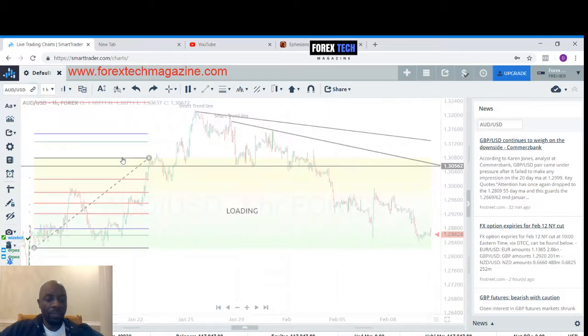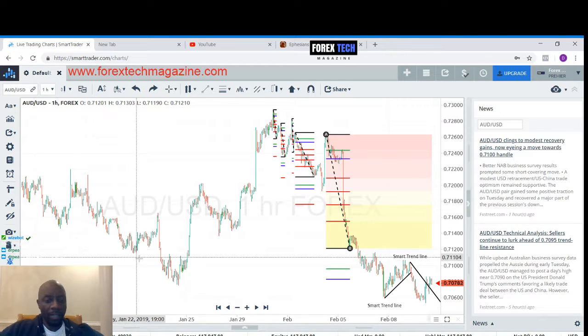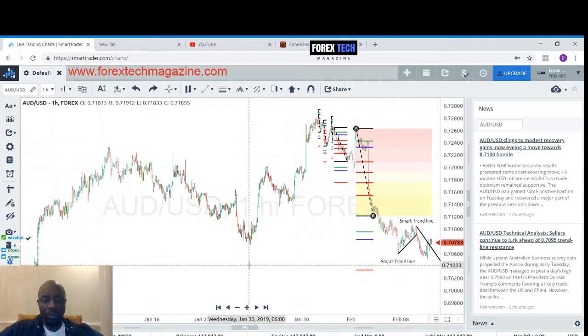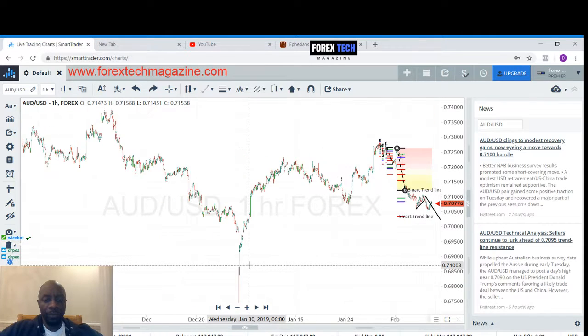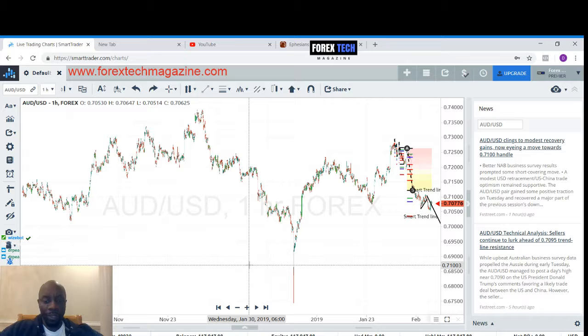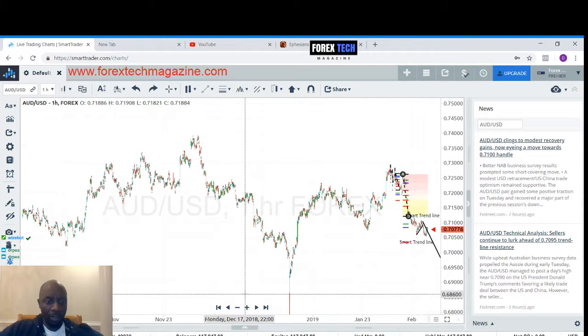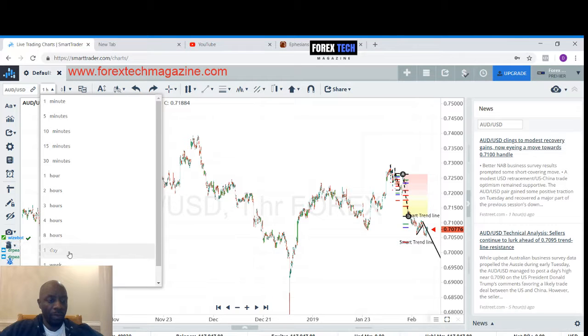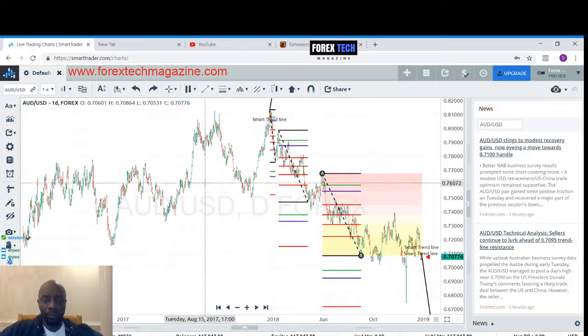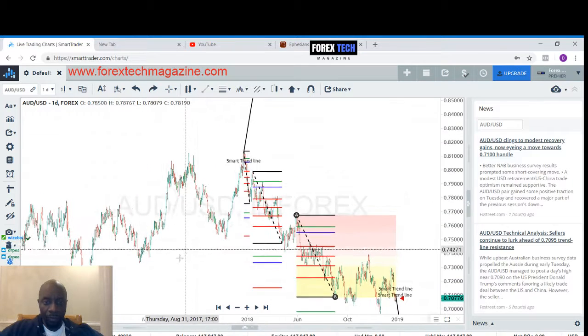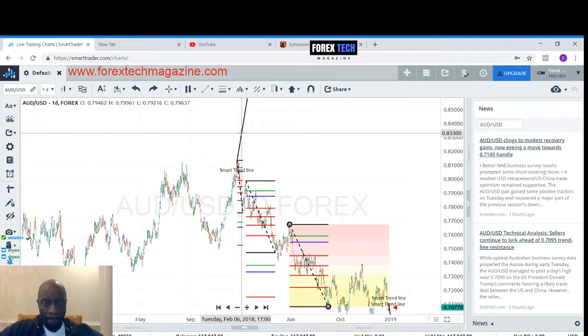Let's look back at the Aussie US dollar. This is the one right here I was telling you about. I got into it earlier this year, man, and it wound up working against me. It didn't work out like I planned.